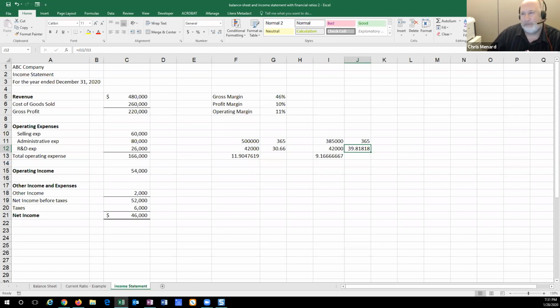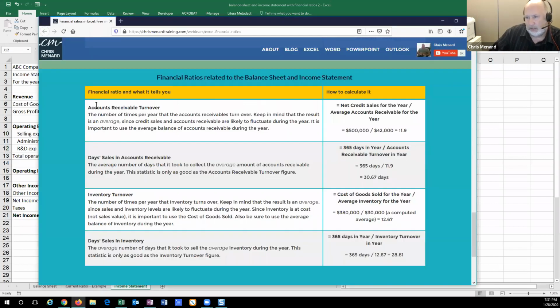So what I did for you on my website is I did the accounts receivable turnover, and then I immediately followed up with the second part that I just did, the days in accounts receivable, and you can see where I got that 30.67. I'm not going to do it, but you can do the same thing with inventory right here.